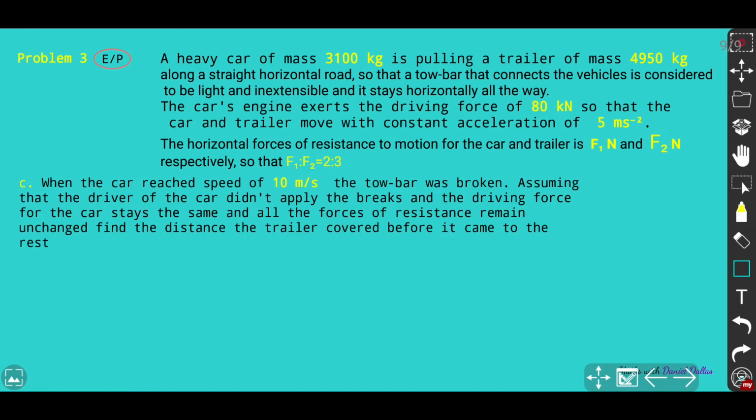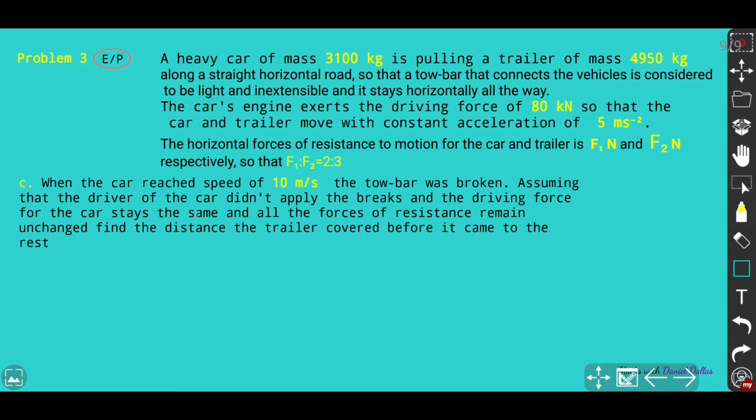When the car reached a speed of 10 meters per second, the tow bar was broken. Okay, so that means the car is moving faster, right? Because the driver didn't apply the brakes all the way along, the trailer was left on its own. And the driving force for the car stays the same, so it means he didn't make any changes to its motion, so that's why it just moved far away.